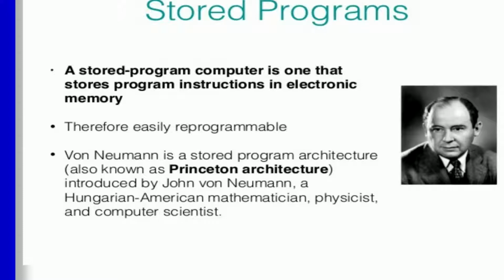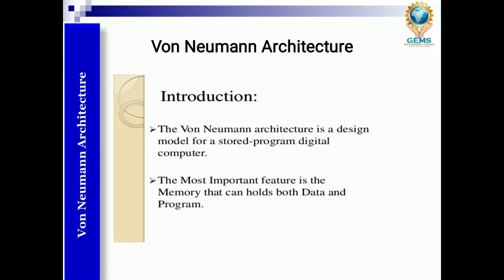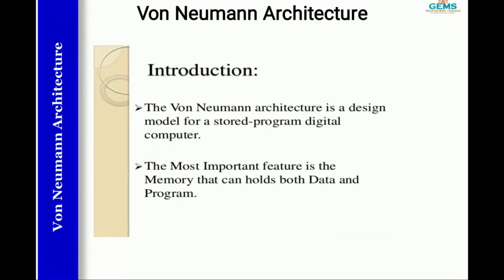Von Neumann is a stored program architecture, also known as Princeton architecture, introduced by John von Neumann, a Hungarian-American mathematician, physicist and computer scientist. This idea was implemented by Von Neumann in 1940. So Von Neumann architecture is a design model for a stored program digital computer.